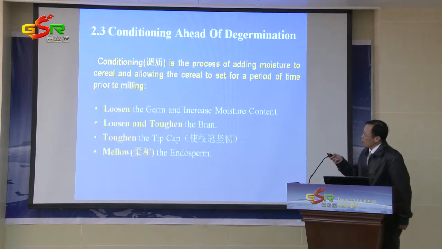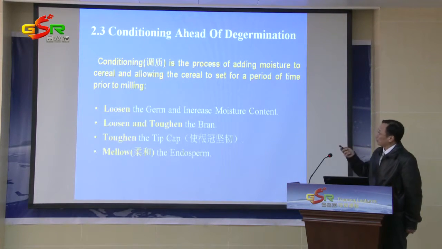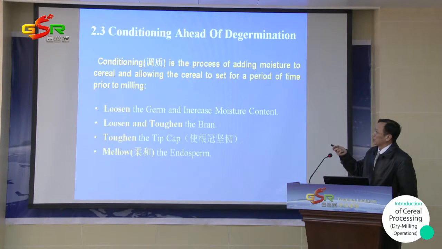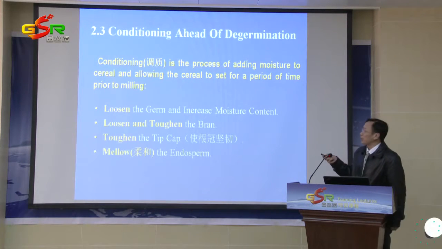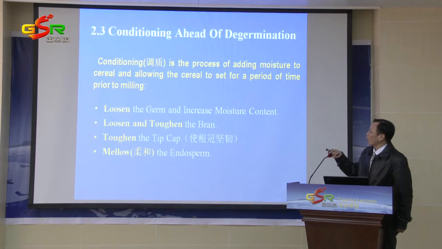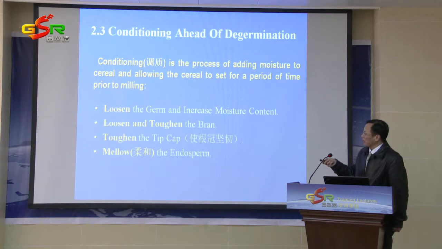Why do we use the conditioning process? First, conditioning can loosen the germ and increase the moisture content of the cereal. Second, conditioning can loosen and toughen the bran, so the bran is not easy to grind. Third, conditioning can toughen the tip cap, and we can easily remove the tip cap in the cleaning process.